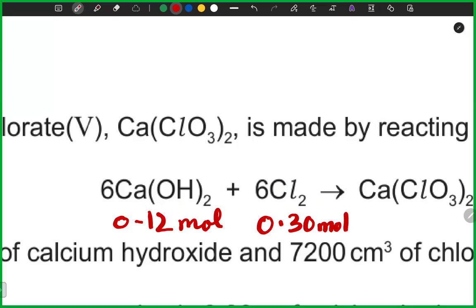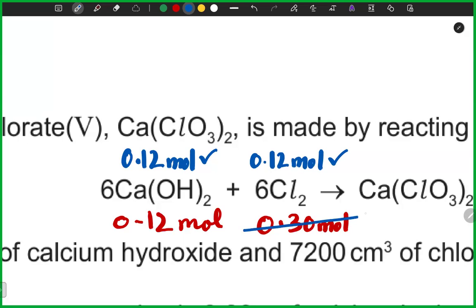So 0.12 is smaller than 0.30. Since the ratio is 1:1, 0.12 moles will react, but only with 0.12 moles, because the equation, the recipe, states that they react in the same exact ratio, 1:1. So this 0.3 is wrong, because the 0.3 cannot react completely.